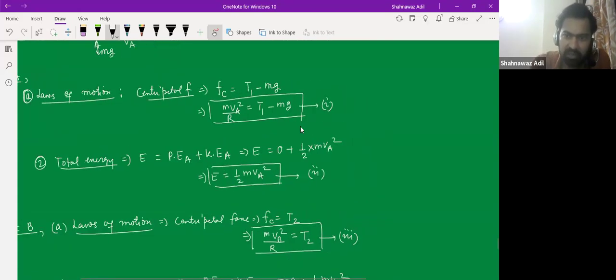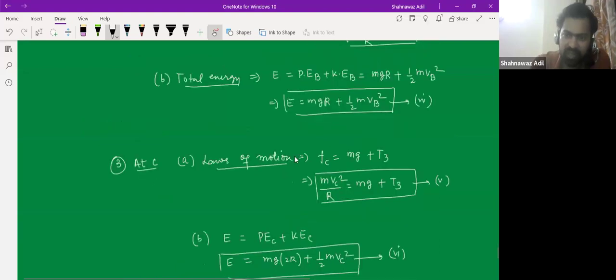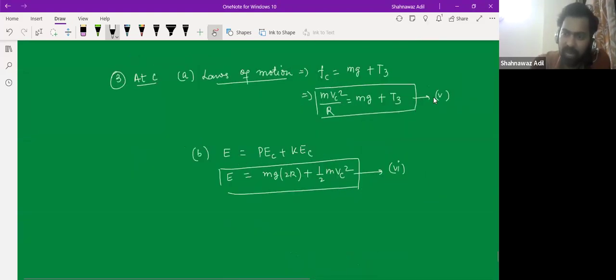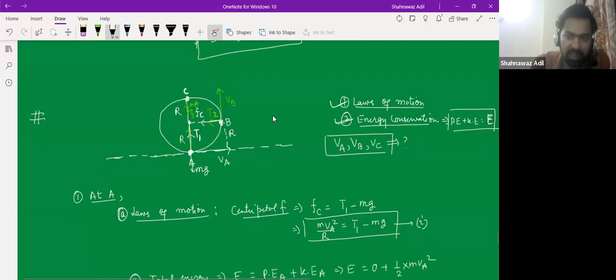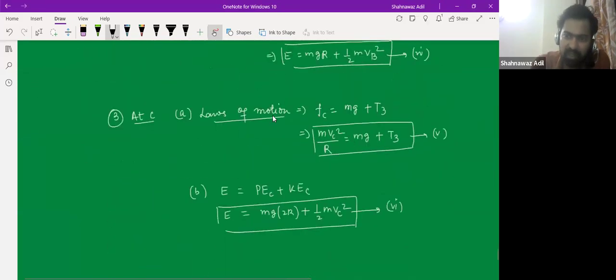So let's solve firstly this fifth one. So at this point, we can assume that the tension is minimum, so we can neglect this part. We can neglect this part, and what we will get?